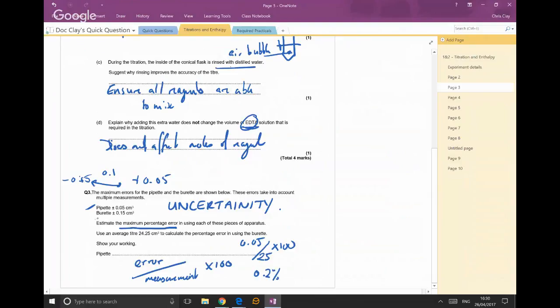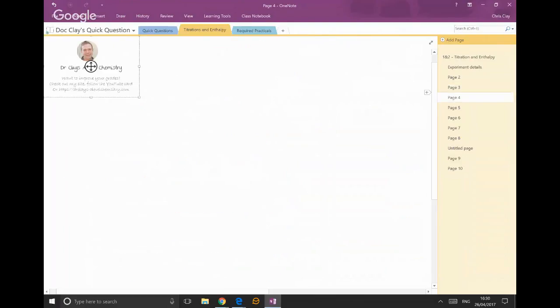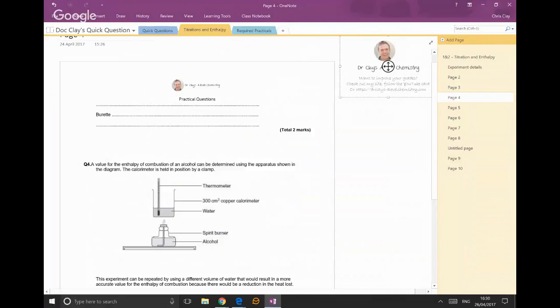When we do the burette reading, we got 0.15 and we're going to use 24.25. So here we are at the top, the burette reading: 0.15 is our error, and 24.25 is the measurement, again times by 100.